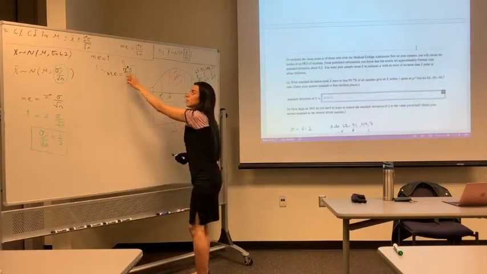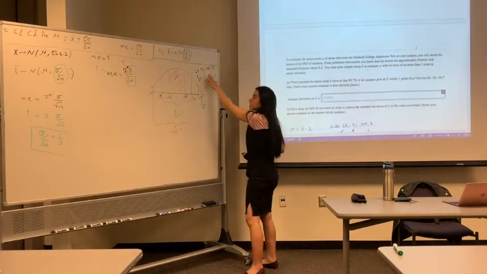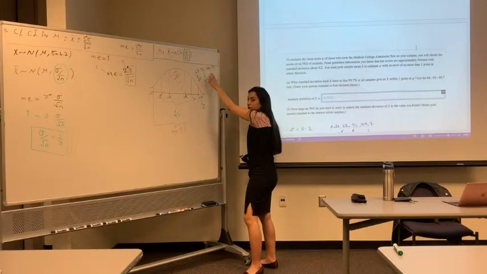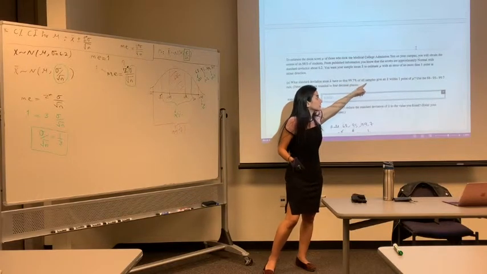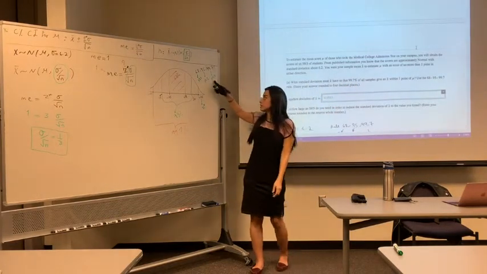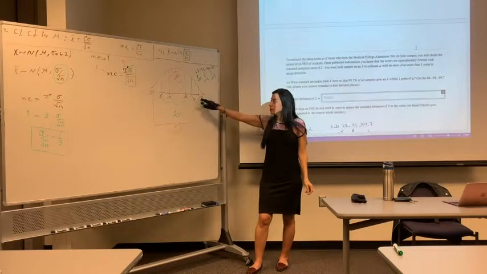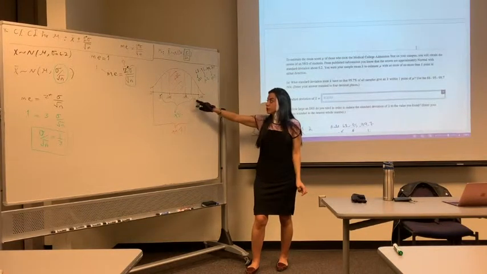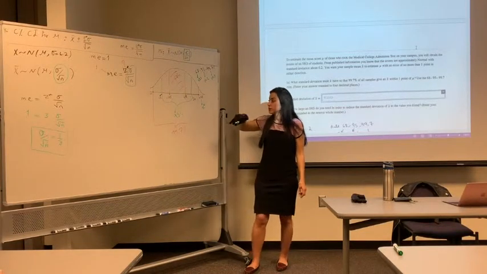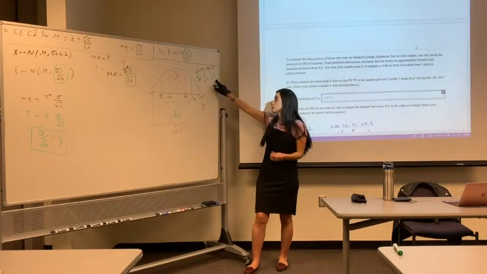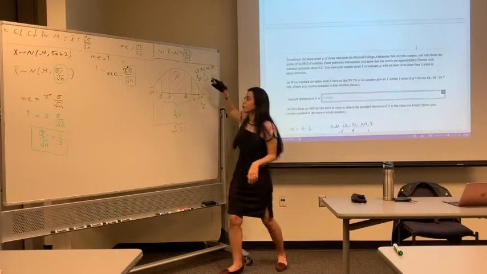Z star in this formula comes from the rule 68, 95, 99.7 because they asked us about 99.7% of all the samples. So the z star will be that number, this much margin of error sigma, this much, this much. So 1, 2, 3 here will be z star for us. So for the 99.7% rule, z star is 3.